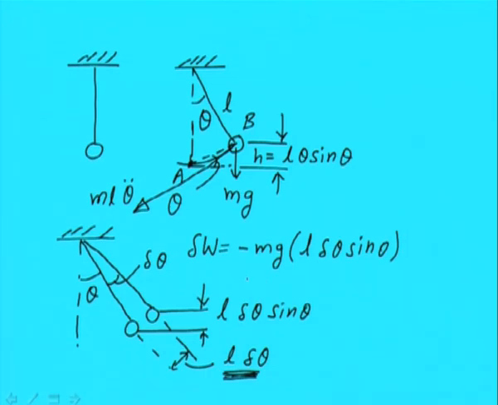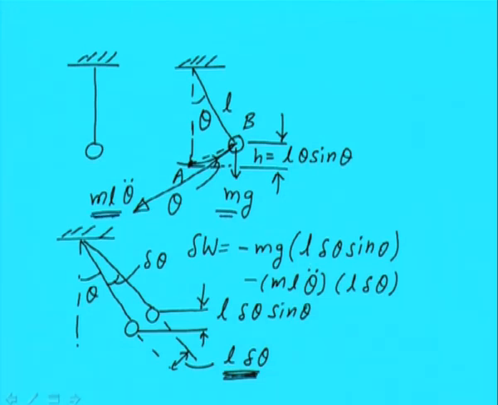So this will contribute, because here also this force is opposite to the motion of L delta theta. So this quantity is the virtual work done against this force. There are two forces, one is gravity, another is this inertia force.